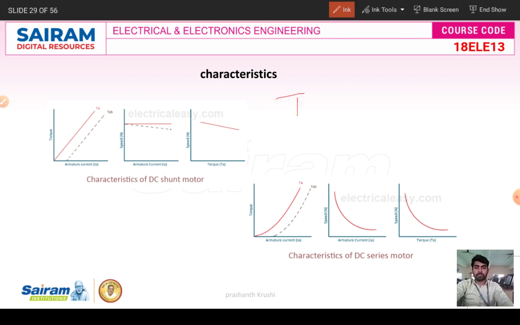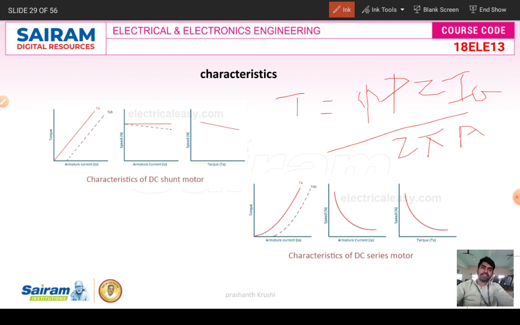Torque is directly proportional to phi P Z Ia by 2 pi A. So torque is directly proportional to Ia for the DC shunt motor, so it is linear. Armature current and torque rise together. That is the torque versus armature current characteristic.